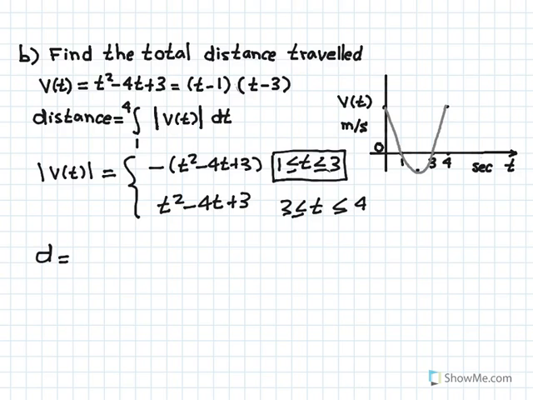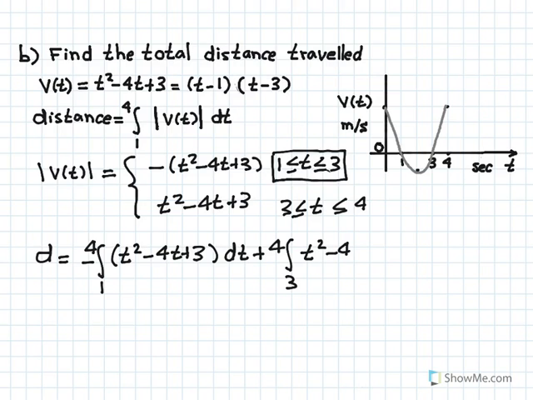Distance is equal to integral from 1 to 4. I'm going to pull out the minus in the front. That's t squared minus 4t plus 3, all integrated with respect to time, plus integral from 3 to 4, t squared minus 4t plus 3. So we split up the integral into two separate integrals on two separate time intervals.